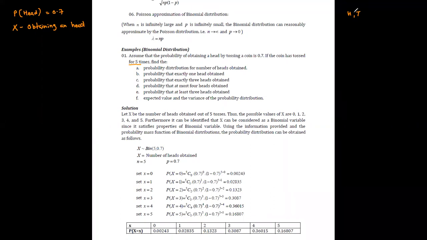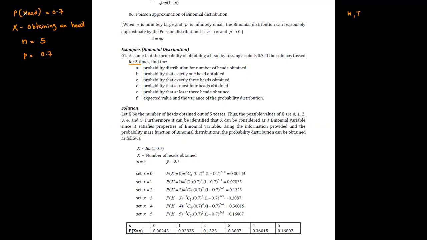Generally, these things are given, but if not, by assuming this we can use the binomial distribution here. To use the binomial distribution, we need the value of n and the value of p. We know the coin is tossed 5 times. Therefore, n equals 5 and the success probability p is given as 0.7. Now, the first part asks for the probability distribution of the number of heads obtained. First, we are asked to find the probability distribution.